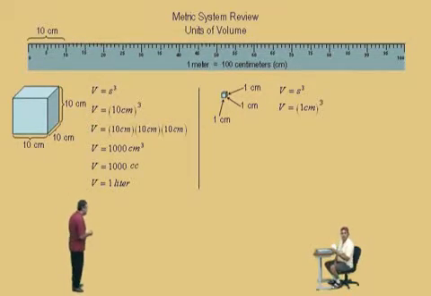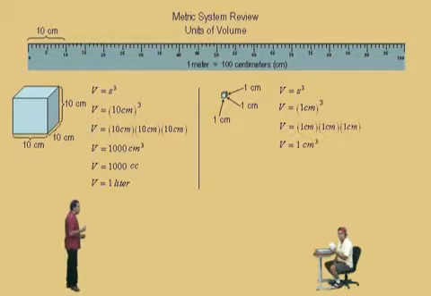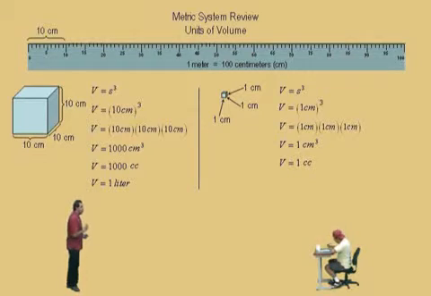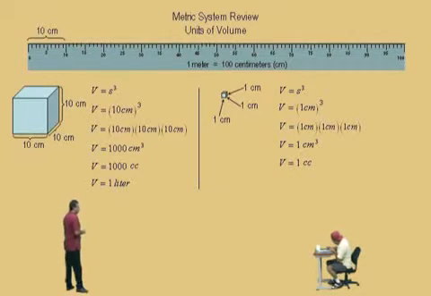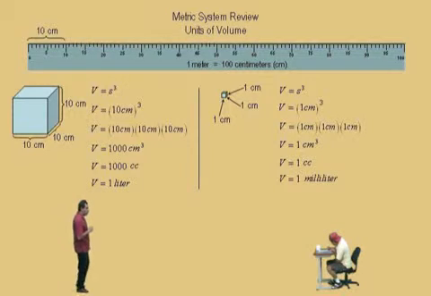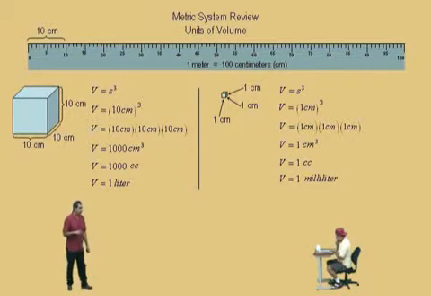So we cube the 1 centimeter, and notice here we get 1 centimeter cube, okay, which is actually 1 cc. Well, if you think about that, 1 cc, if you look at our little box up there, notice that it's a cube, so it has volume, and 1 cc is actually equal to 1 milliliter. Now that's something you should know for your nursing program.